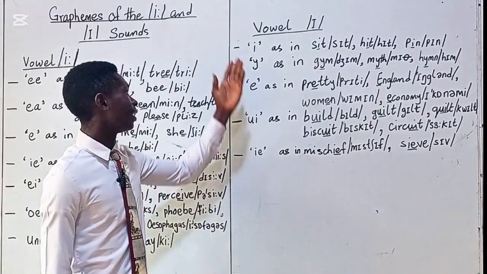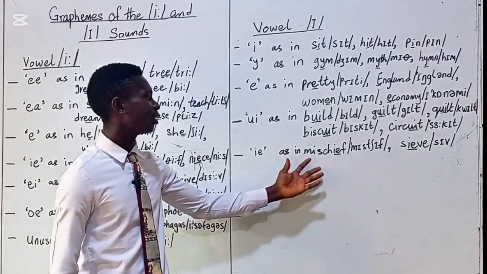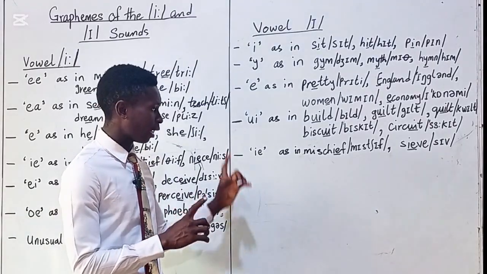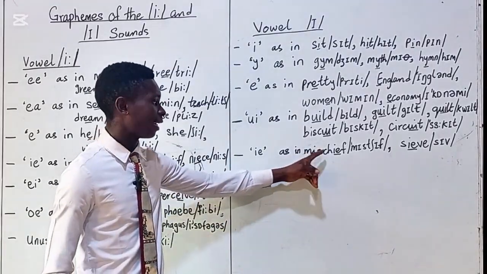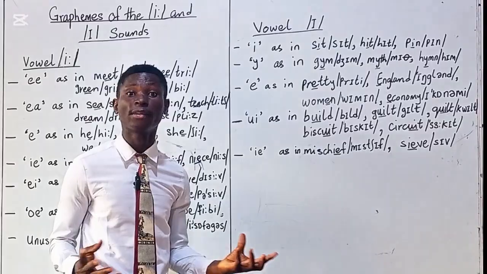Lastly, under the vowel number 2, we have IE as in mischief. Note at this point that we can have the same letters but different sounds in different words.